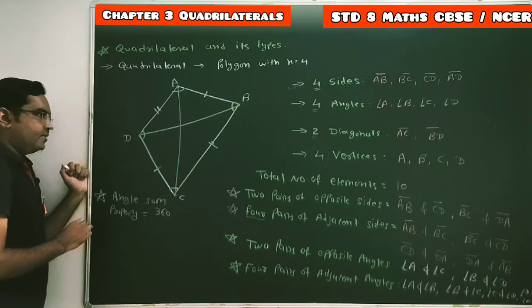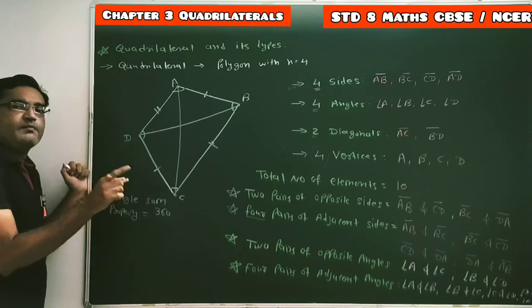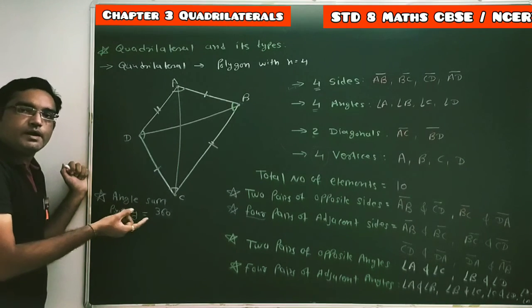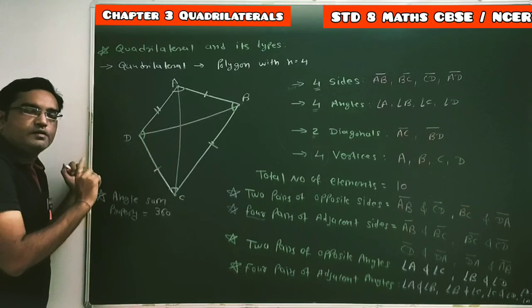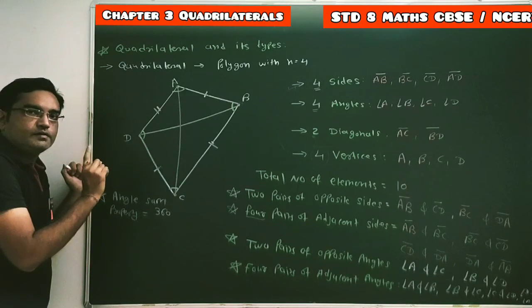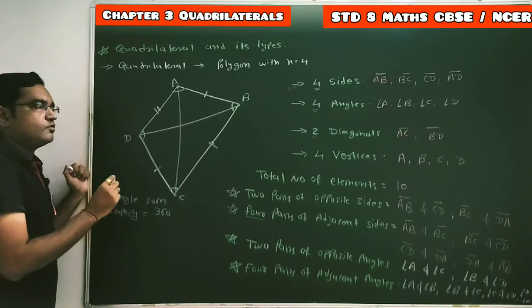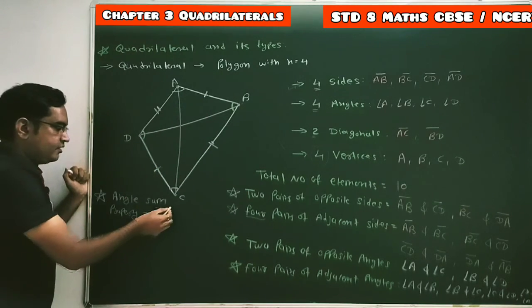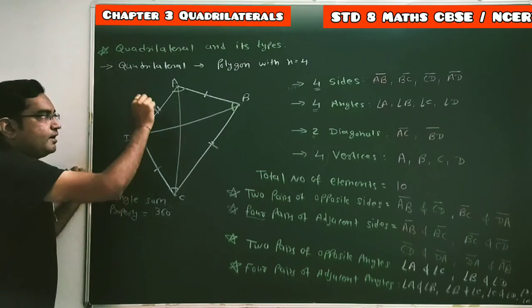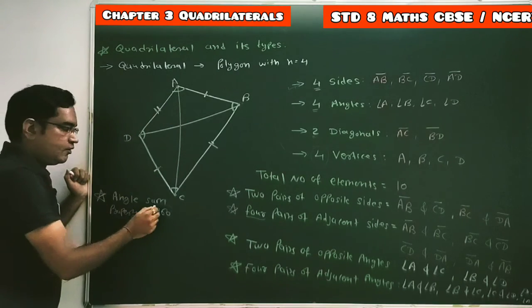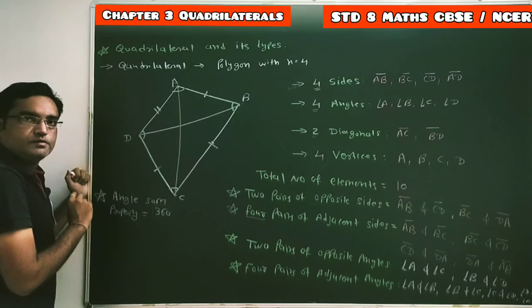Done. And the sum of exterior angles of any polygon, it may be a triangle, quadrilateral, pentagon, any quadrilateral or any polygon, that will apply to a quadrilateral too. So the sum of the measures of exterior angles is always 360 degrees, and the interior angle sum of a quadrilateral will also be 360 degrees. Clear, students?